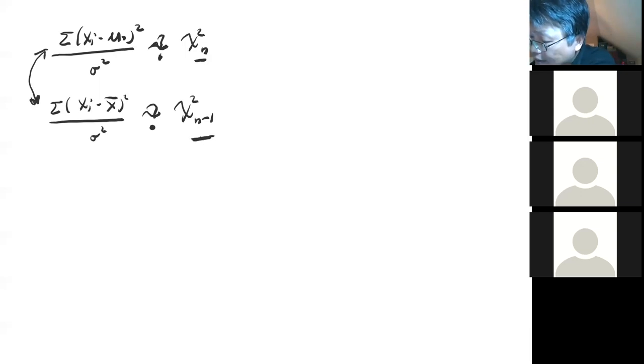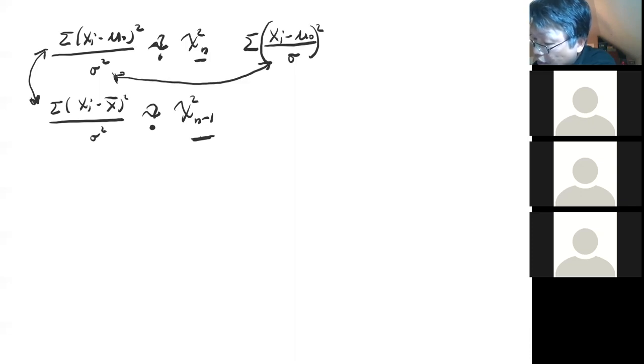I said this is easy to derive, because if you write xi minus mu0, divided by sigma, I just put sigma inside the square.